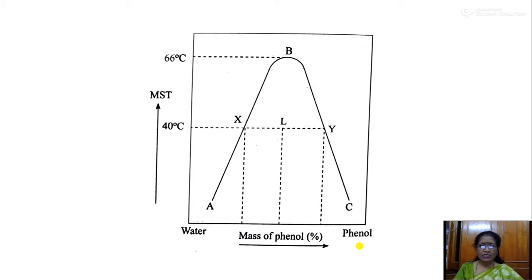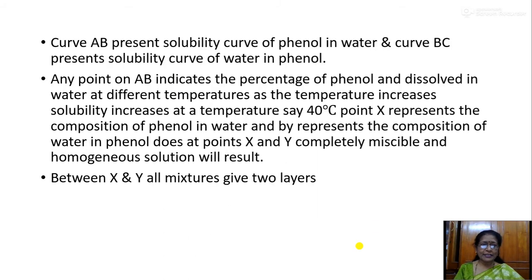On the left side there is water, on the right side it is phenol. Here AB is phenol in water, BC is water in phenol. Along the y-axis is MST, the mutual solubility temperature. Now let us discuss this in detail.